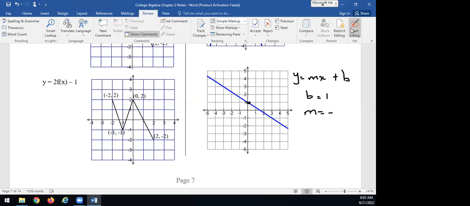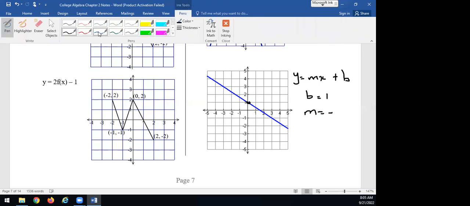Very good. So remember that your slope is rise over run. So all you can do is create a triangle. That has a rise of 2, and then just do the run for it. The run would have been 3. So it's negative 2 over 3.